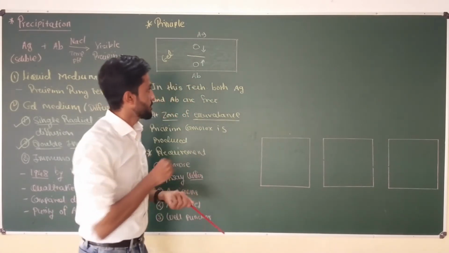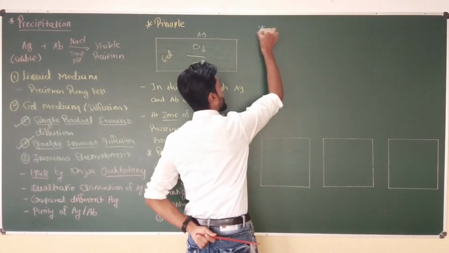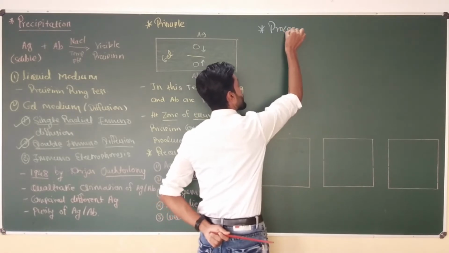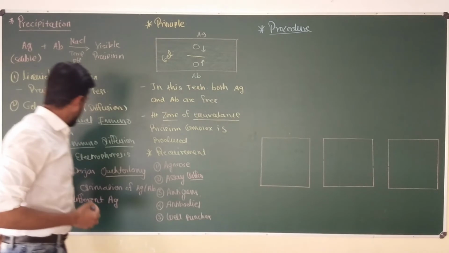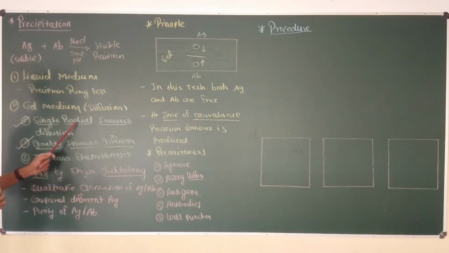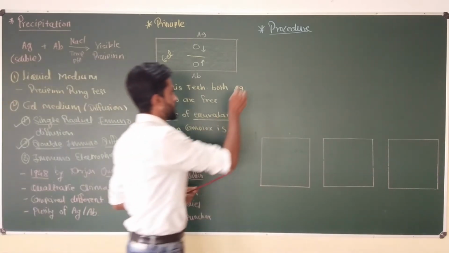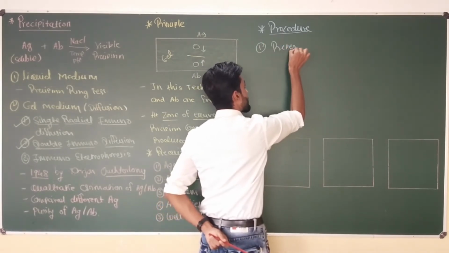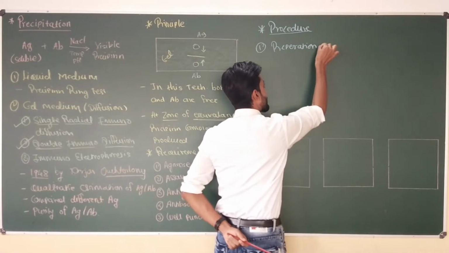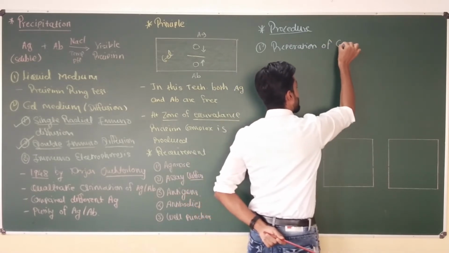So all these are the important requirements that one needs for performing the double immunodiffusion technique. Now we're going to discuss the procedure of the technique. Similar to single radial immunodiffusion, in double immunodiffusion the first step is preparation of gel.